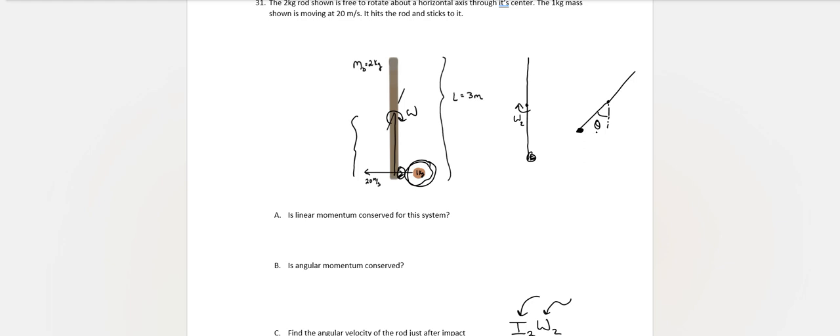Now, write a work energy theorem between picture 2 and picture 3. And I would put the datum through the pin. And I'll help you out with this a little bit. The bar is not changing in potential energy at all, so you don't need to worry about the bar. The potential energy in position 2 for the putty is minus mgl.